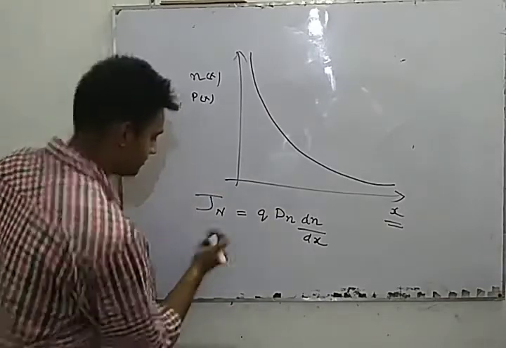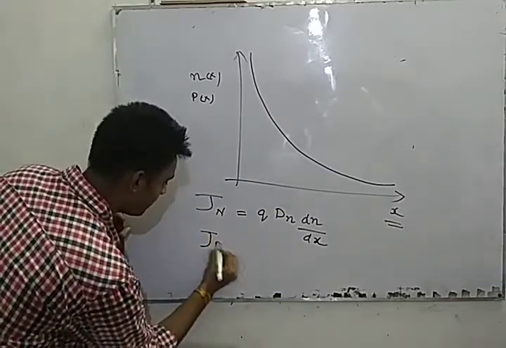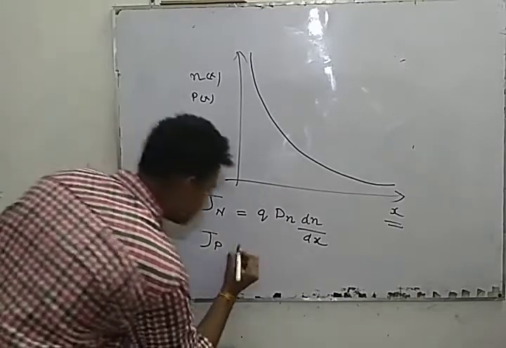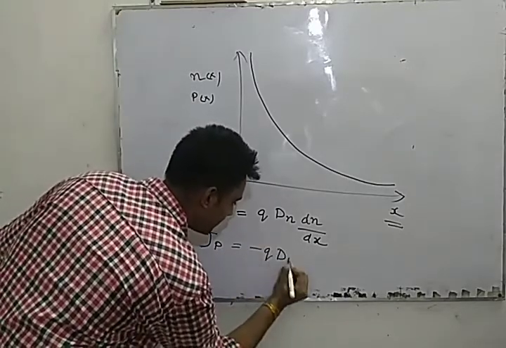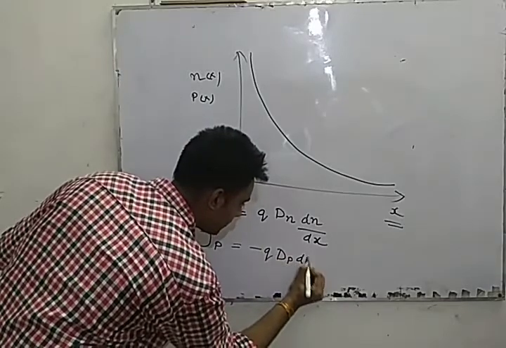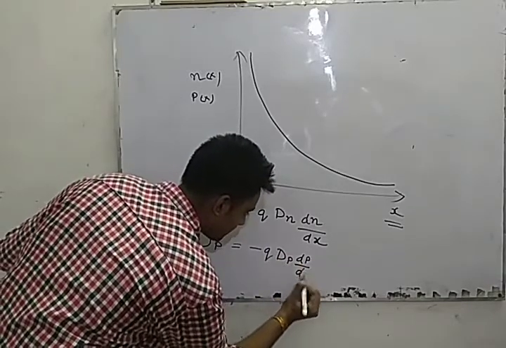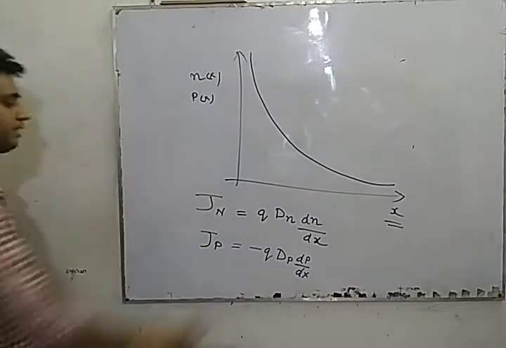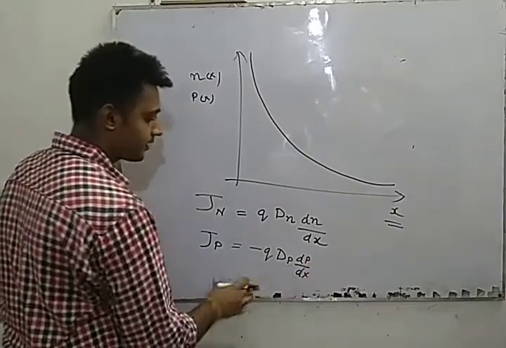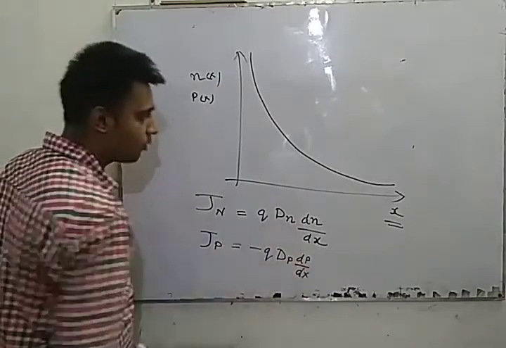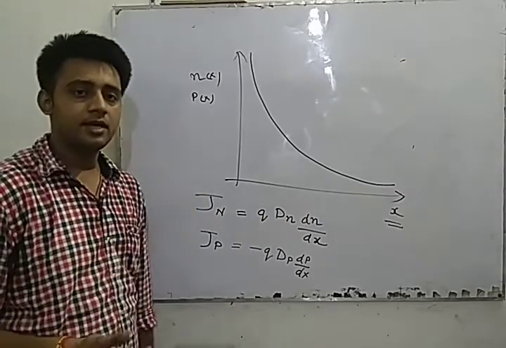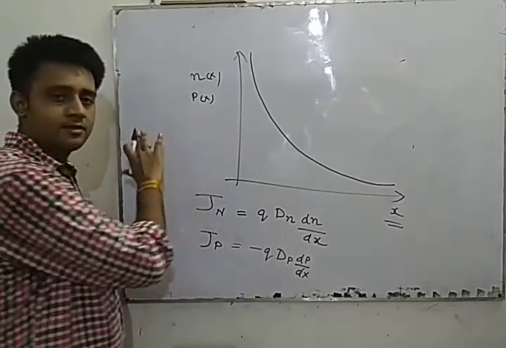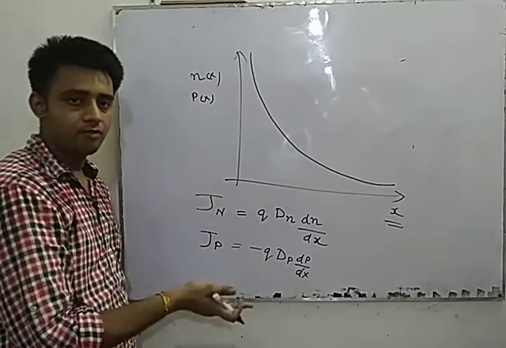And similarly, Jp, the current due to the holes, equals minus Q Dp dp/dx. That is the concentration gradient of the holes. So these are two mechanisms of the current flow inside the semiconductor. First is drift, and this is the diffusion one.